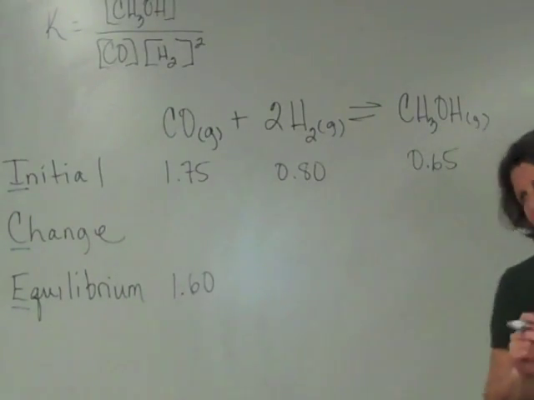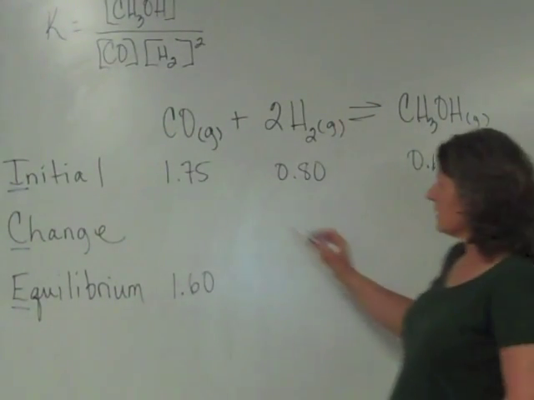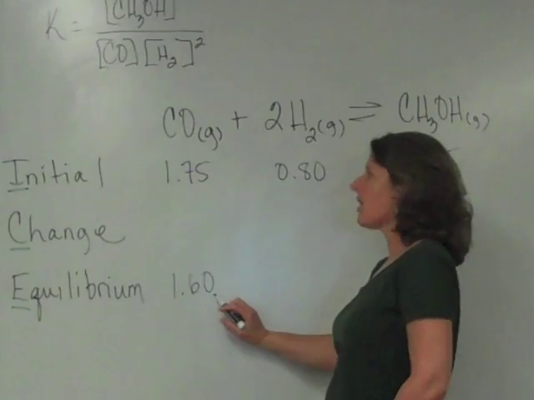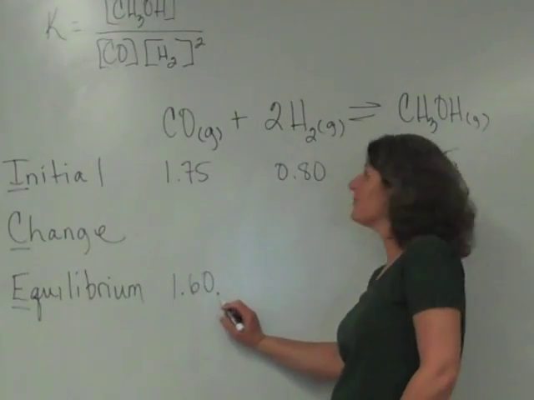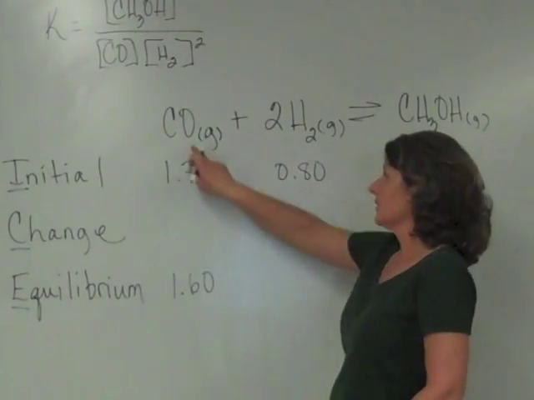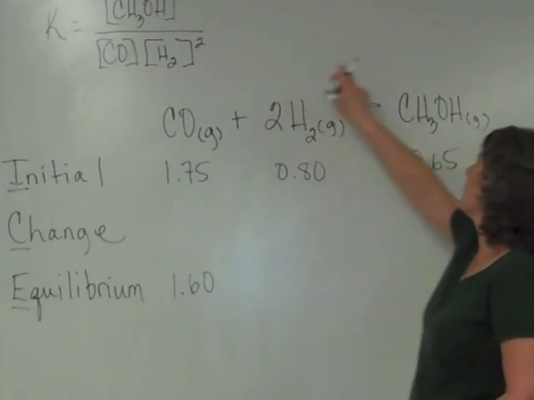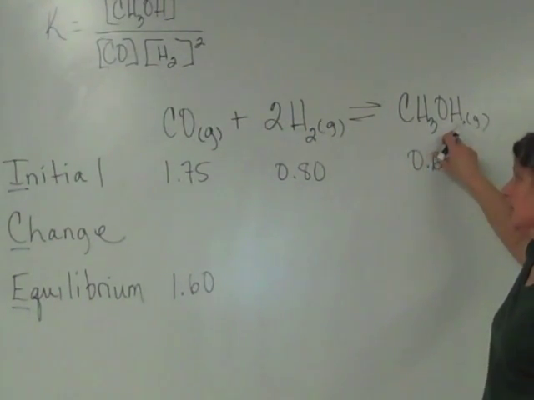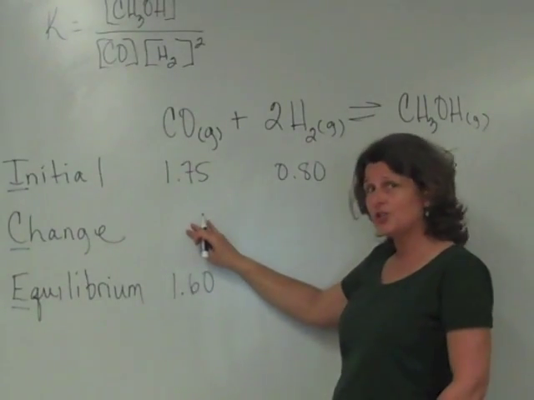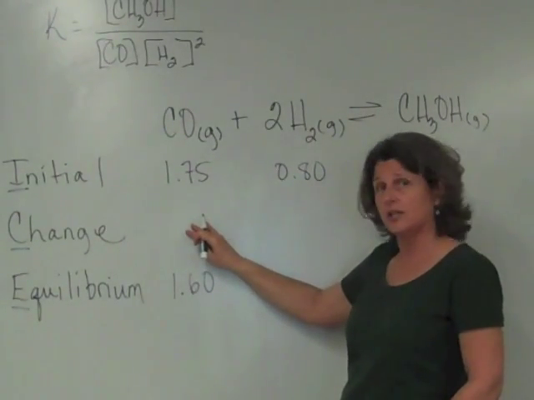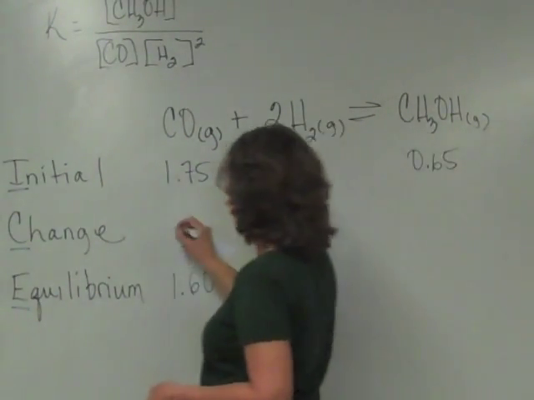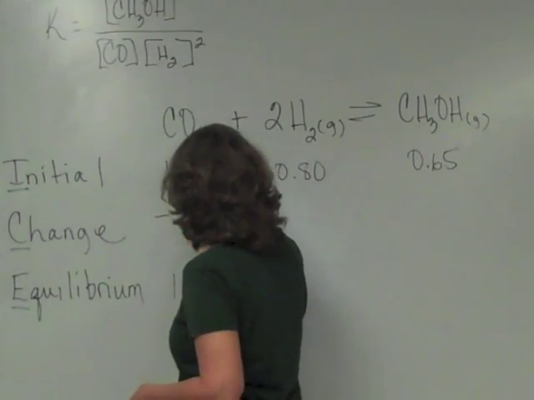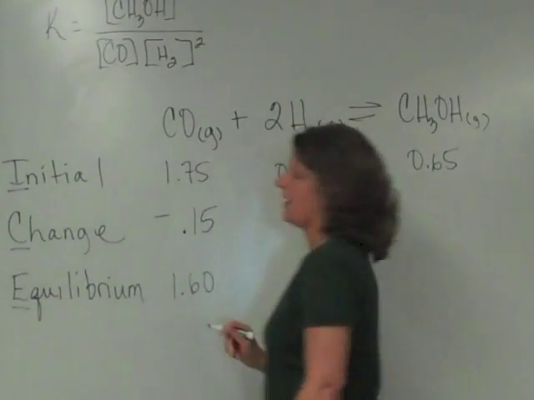Now, this tells me then that I've lost 0.15 molar carbon monoxide. It has been utilized to create product. So the change in my concentration is minus 0.15.